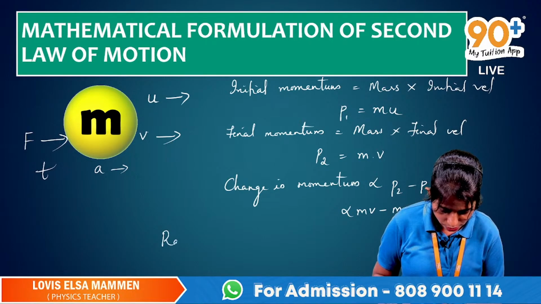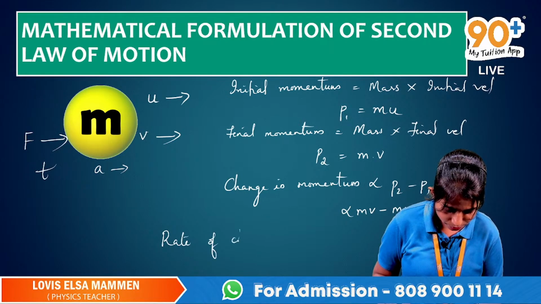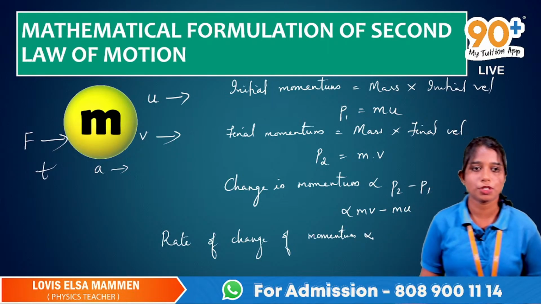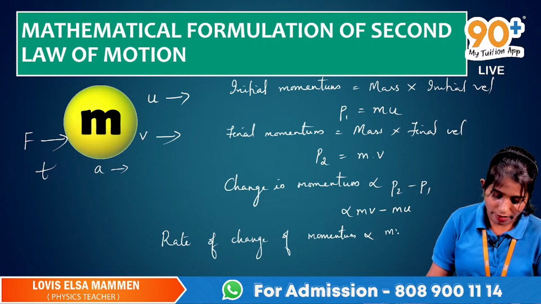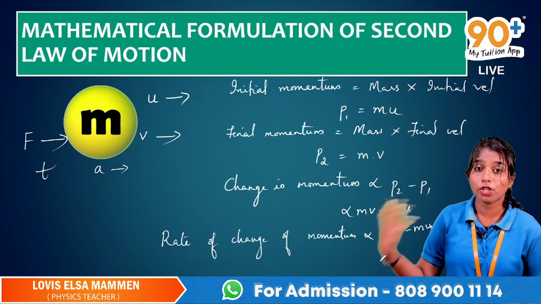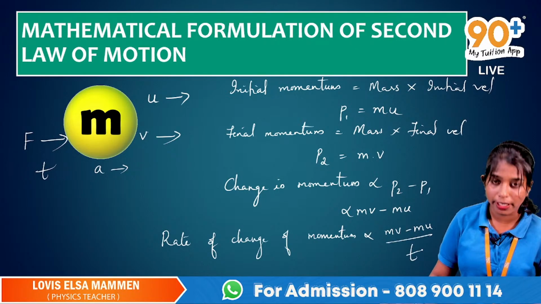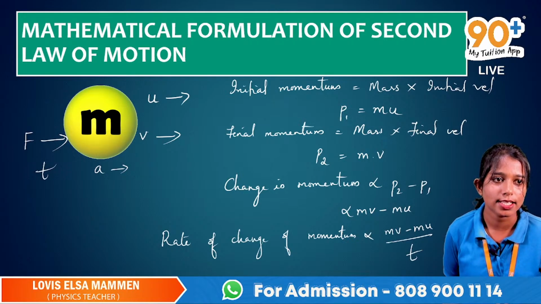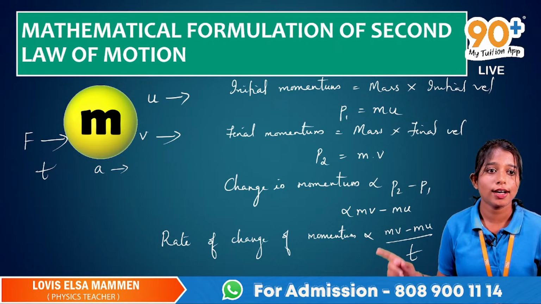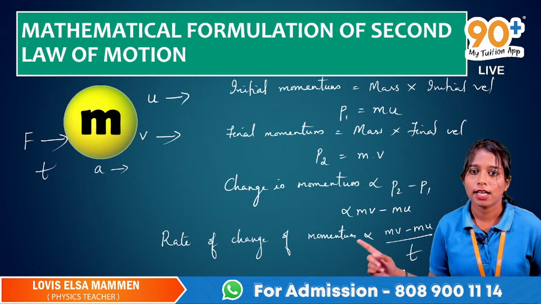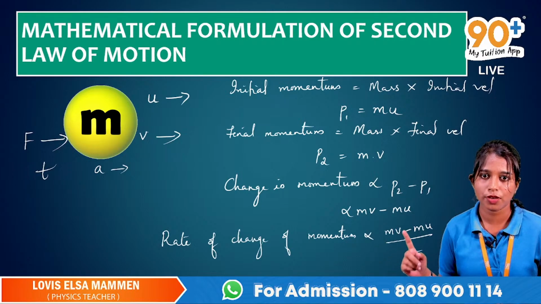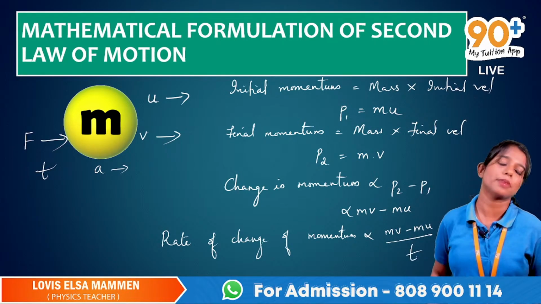So rate of change of momentum is proportional to mv minus mu, and rate means divided by t. Any doubts? I think not. So rate of change of momentum is proportional to mv minus mu by t.